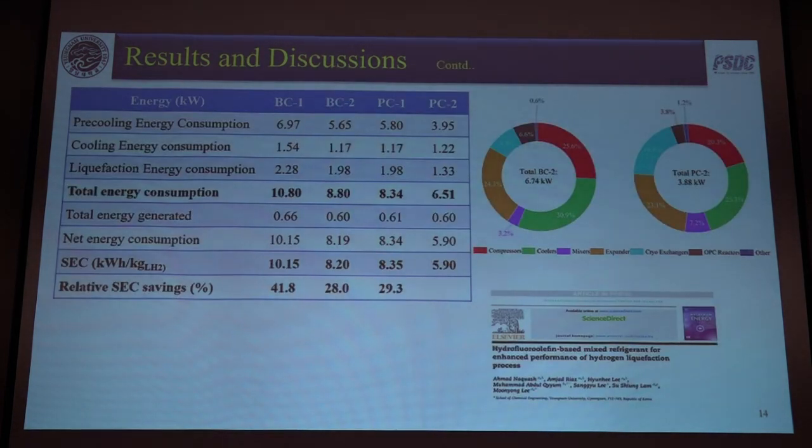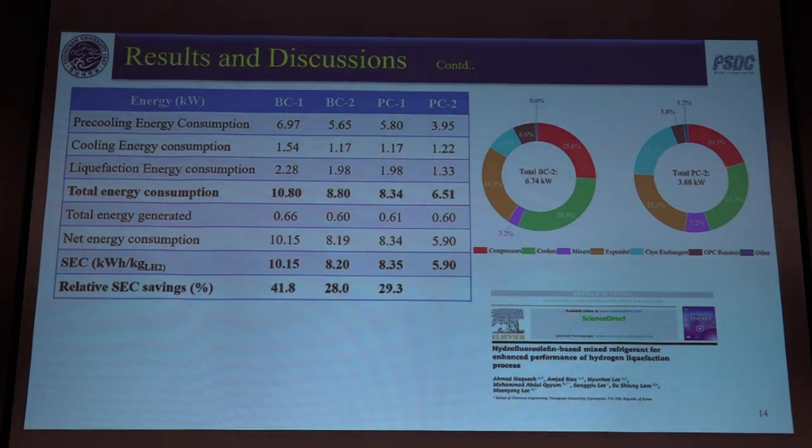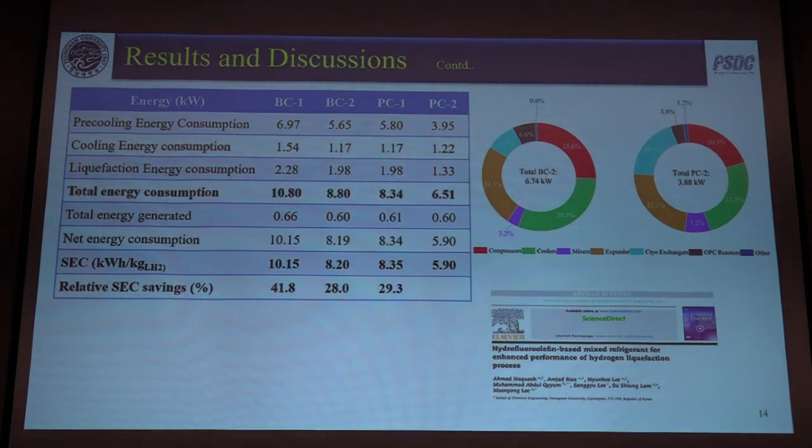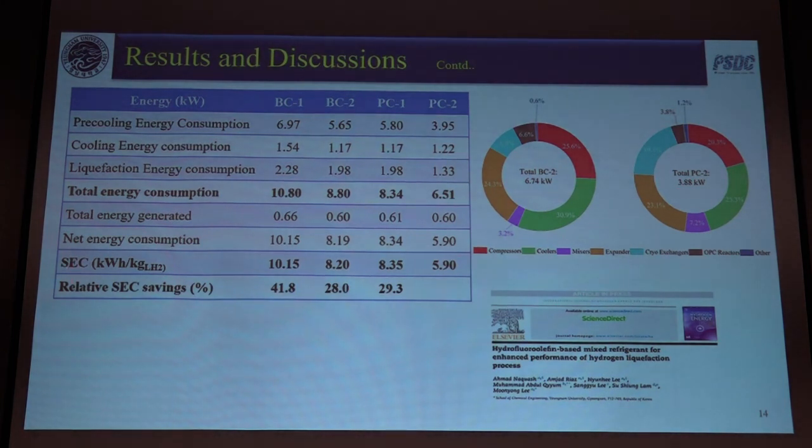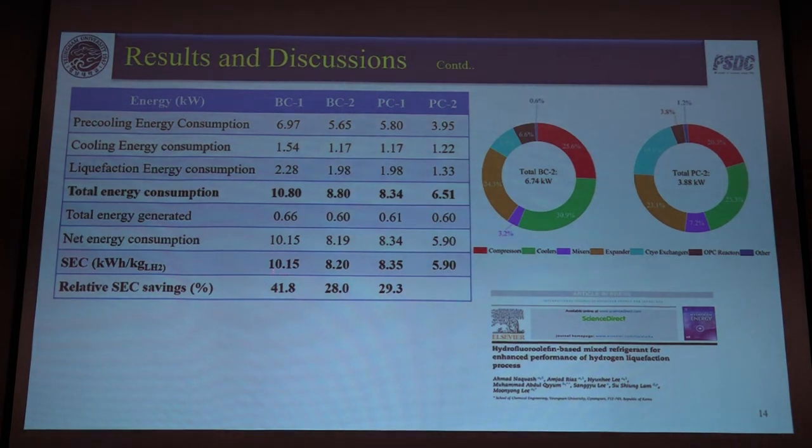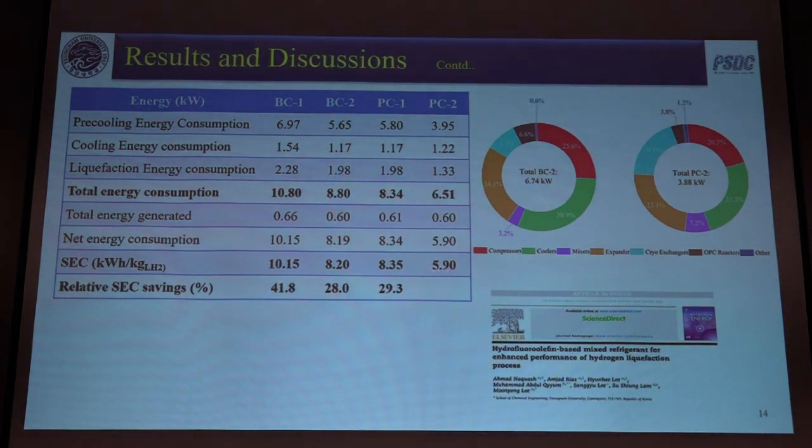In terms of exergy destruction, this gives us an idea of how much exergy is being destroyed and in which section. We can see that exergy destruction is reduced in the optimized case, almost by half. Similar is the case for the SEC. Initially it was 10.515, which was still less than the commercial process, but now for both cases it is around 5.9, which is a very good value.